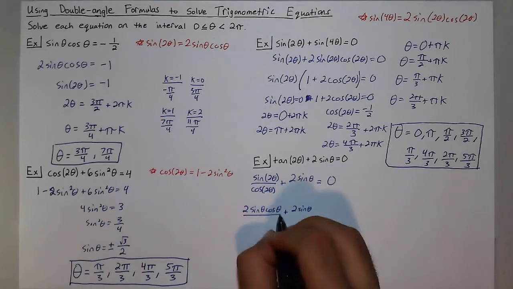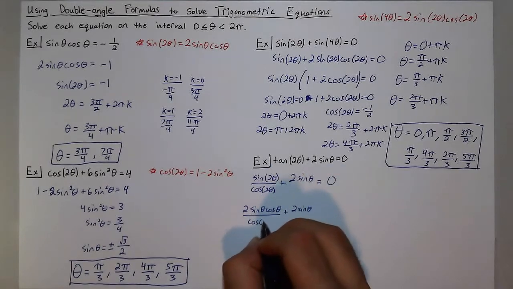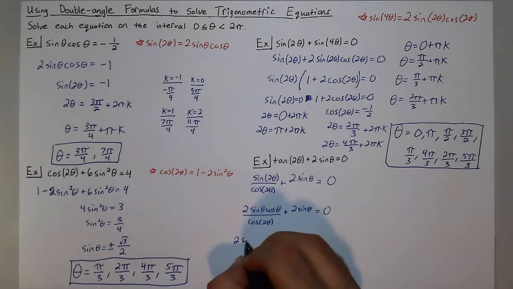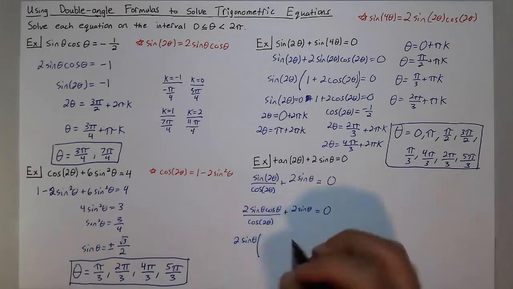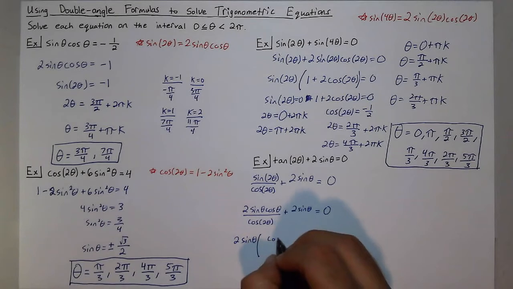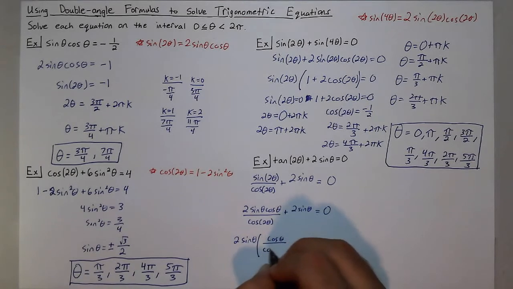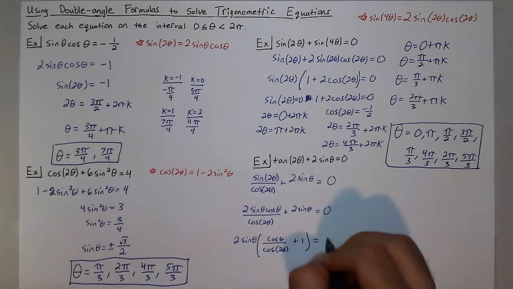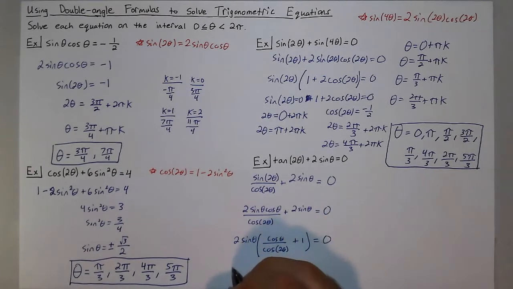For right now, I'm just going to keep this as cosine of 2 theta until I see what happens after I factor. So if I factor out a 2 sine of theta from both terms, I'll get 2 sine of theta times cosine of theta over cosine of 2 theta plus 1 equals 0.